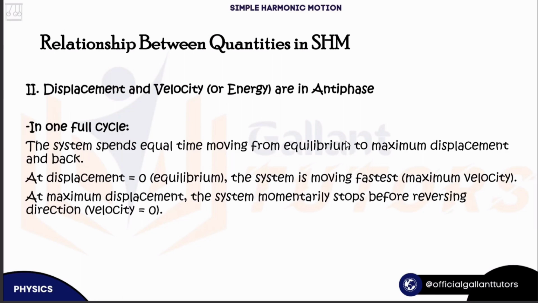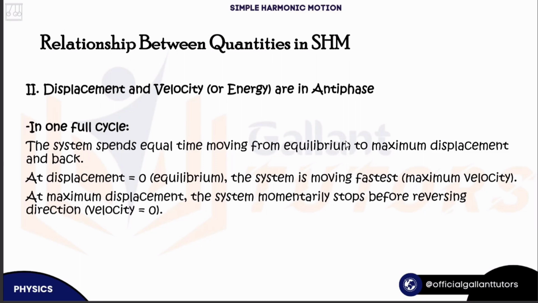Now the system spends equal time moving from equilibrium to maximum displacement and back to it. This is a perfect system. In reality, it's not so, but in an ideal system, the system spends equal time moving from equilibrium to maximum displacement.